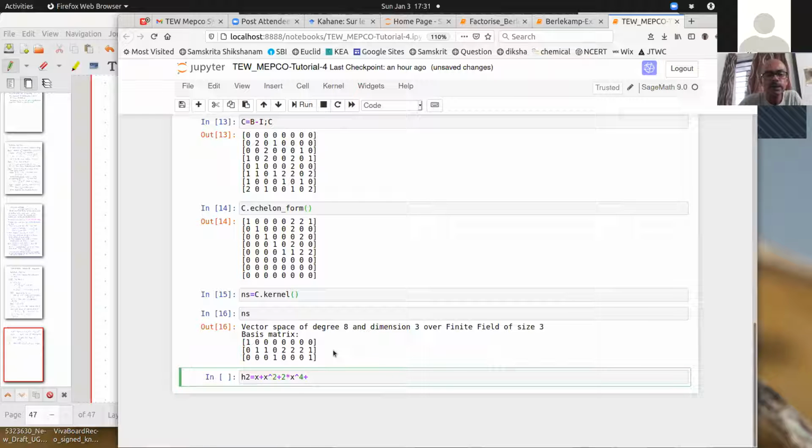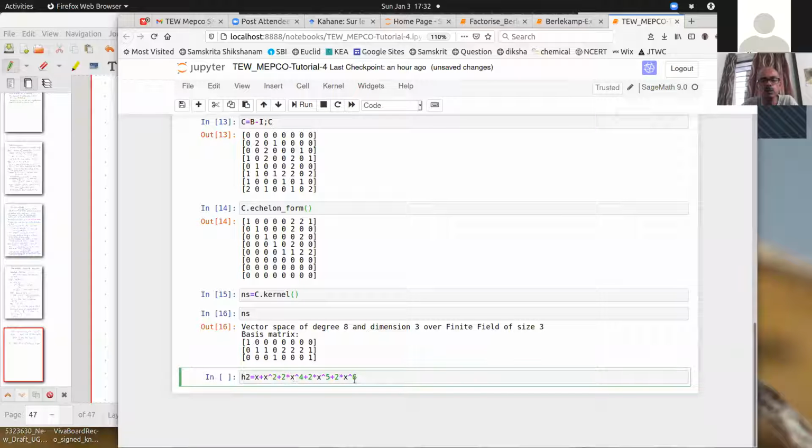Fourth power, fifth power, sixth power all have coefficient 2.